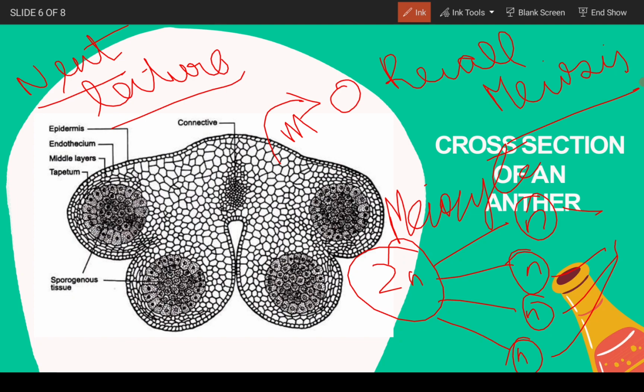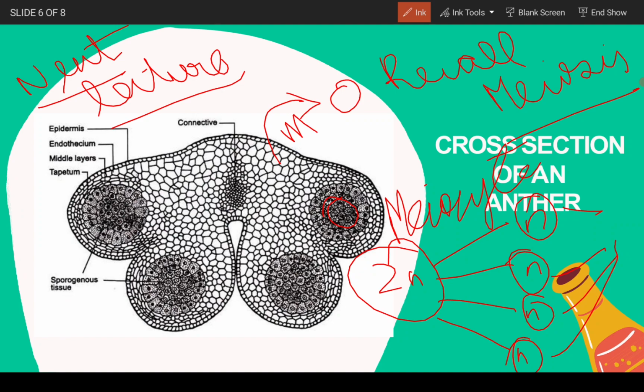So now, once again, what are we doing now? We are doing sporogenous tissue. Sporogenous tissue is present inside the tapetum. Inside the tapetum, in the tetrasporangiate anther, the four sporangia which we learned, the sporogenous tissue is present in the sporangium.